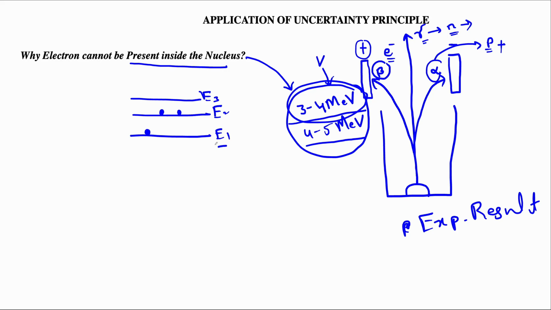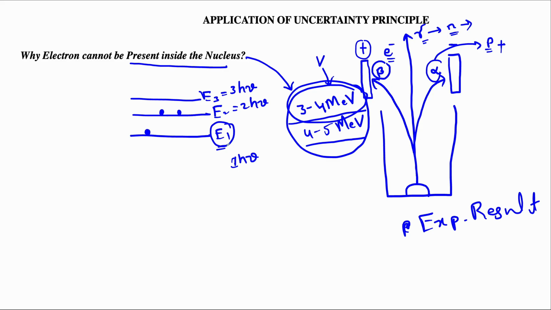Now the energy of the E1 state is h nu, because 1 into h nu. Energy of the E2 energy state is 2 into h nu. Similarly, E3 is 3 into h nu. This we already know from Planck's law.